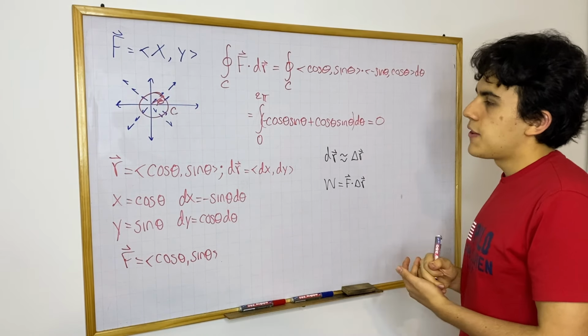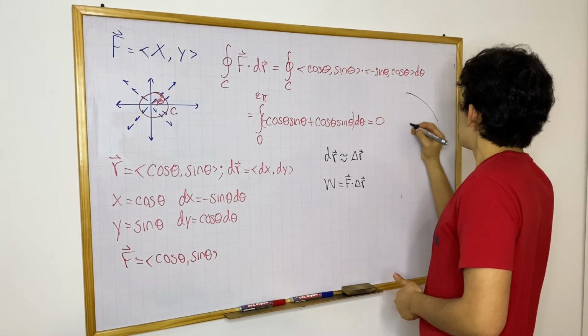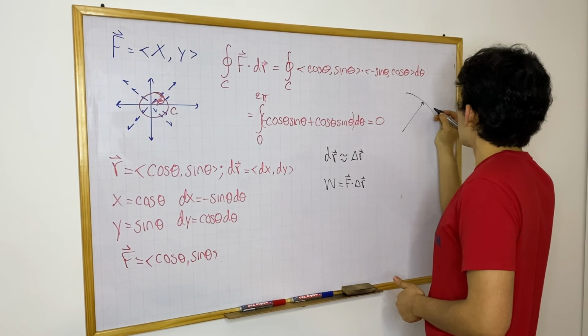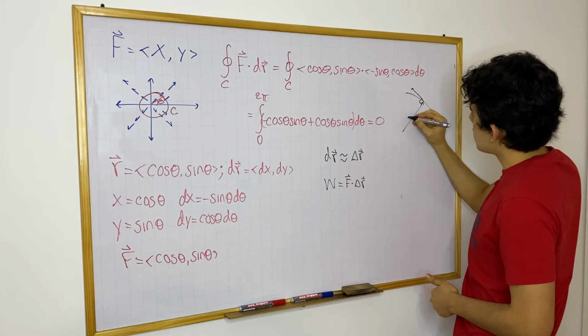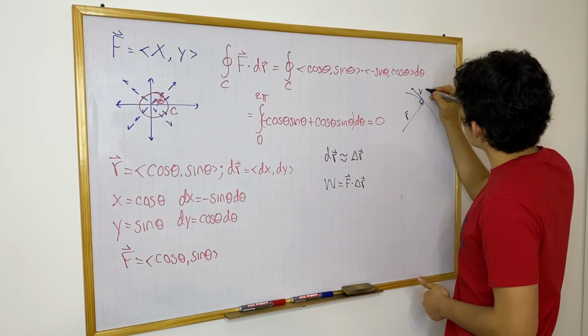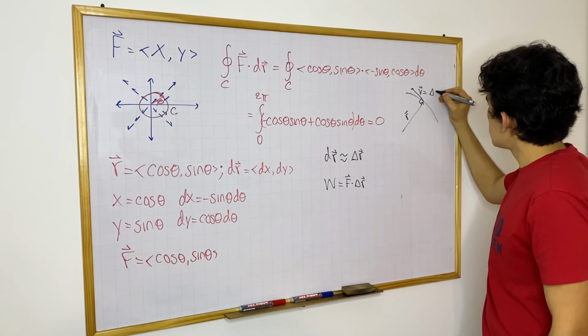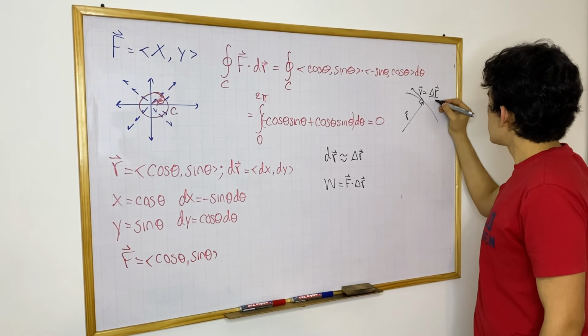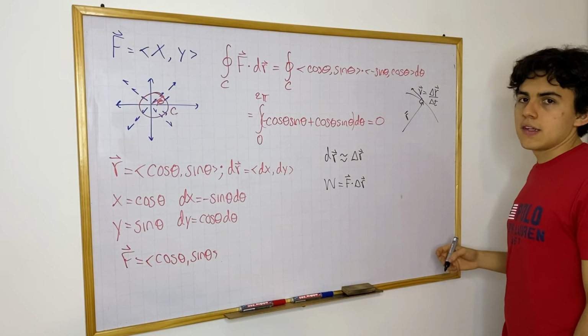Now, if you're in a circle, you're going to have your position vector and your velocity vector perpendicular. So this is the position vector and this is the velocity vector. The velocity vector is going to be delta r over delta t. I'm going to use delta notation.